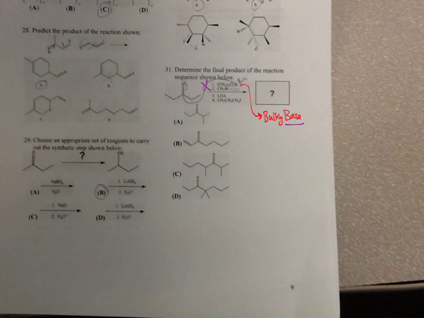so we need to find acidic hydrogens. Where are the acidic hydrogens? The alpha positions to our carbonyl. Which hydrogens? Doesn't matter at this point, they're identical. So if we remove one set away, we would end up with our nucleophile.